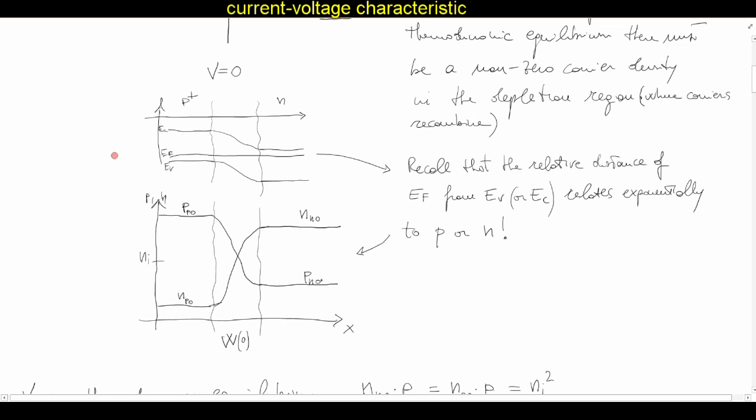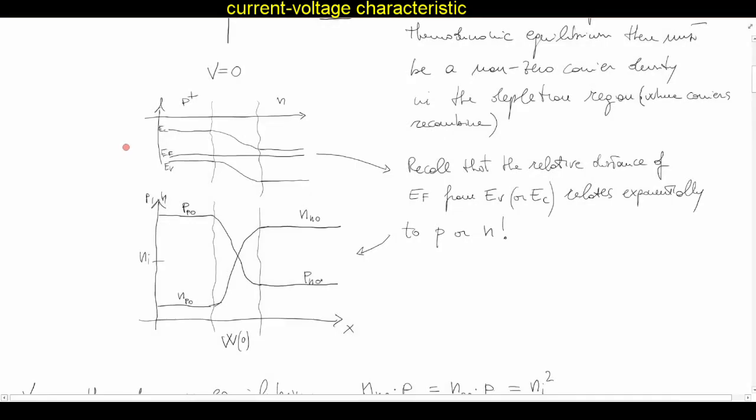Because we've said it many times now, the distance of the Fermi level from, for example, the valence band tells me how P-type the material is. So clearly, this is our P-type semiconductor. But as I move along within the depletion layer, the distance is increasing.